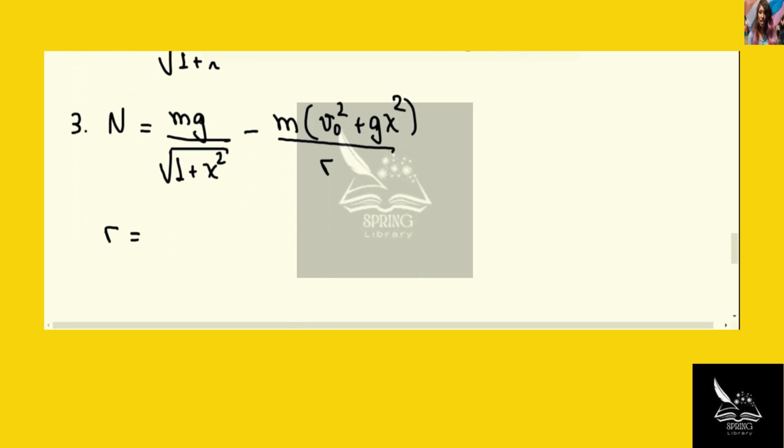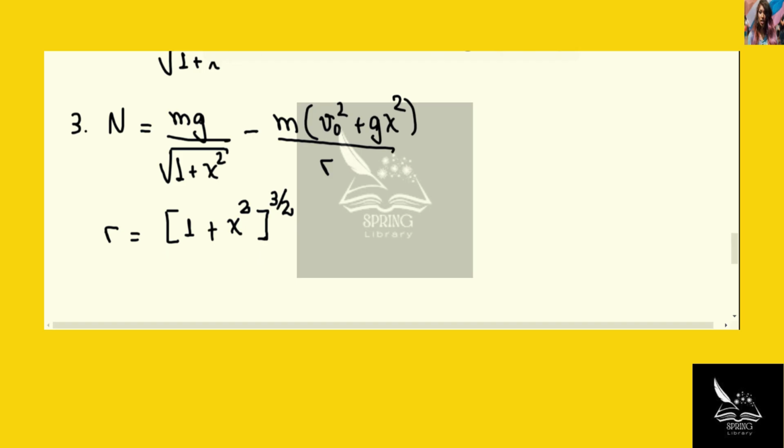So remember that R is equal to 1 plus the derivative of y with respect to x squared, so that's 1 plus x squared, to the 3/2, divided by the magnitude of the second derivative of y with respect to x, which is just 1.